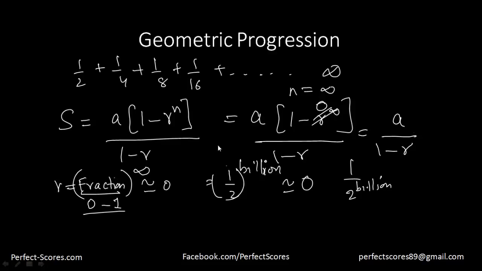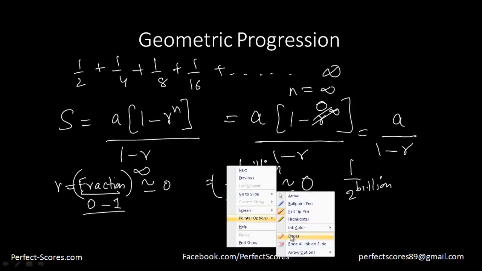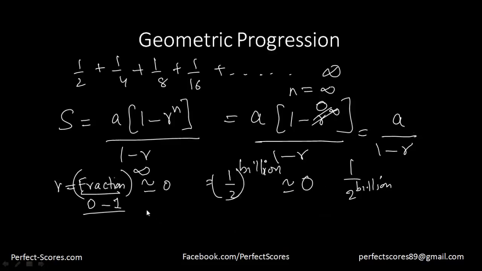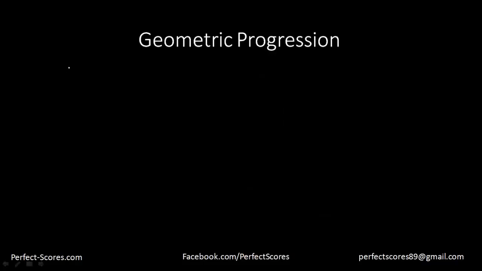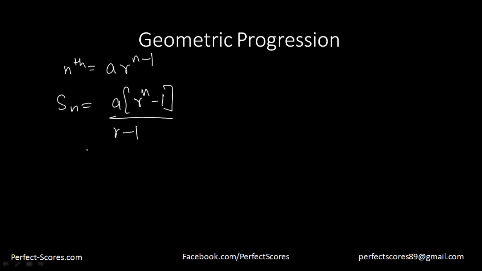I'm going to write down everything on a piece of paper here. Okay. So the nth term is equal to a into r to the power n minus 1. The sum till n terms is equal to a into r to the power n minus 1 over r minus 1. And the sum till infinite terms is equal to a over 1 minus r.